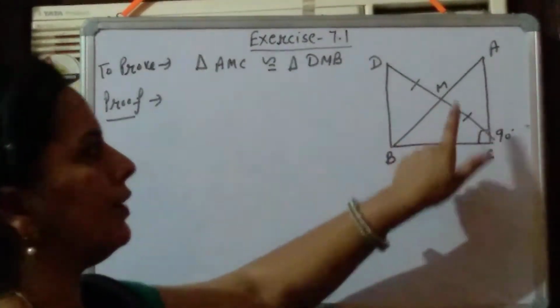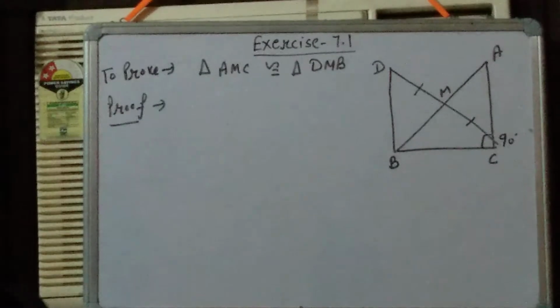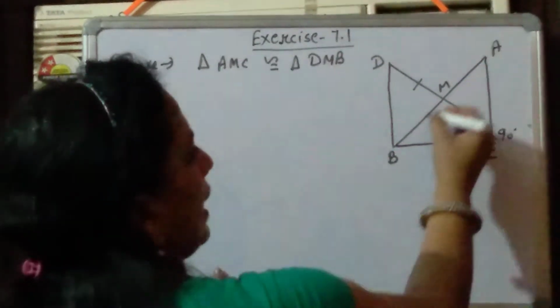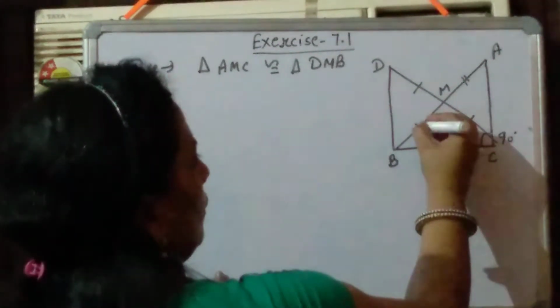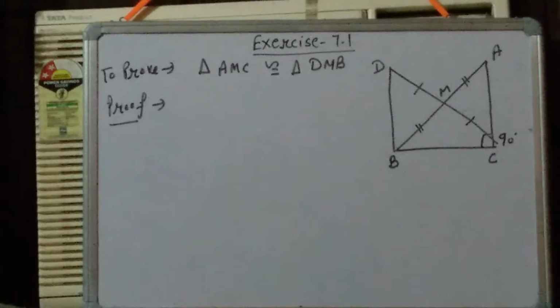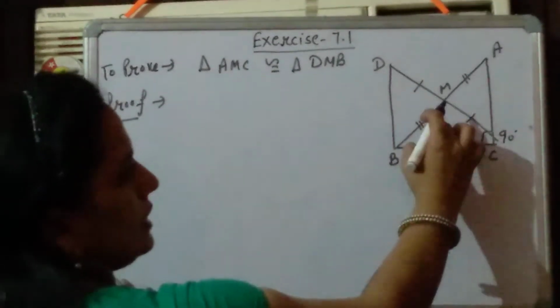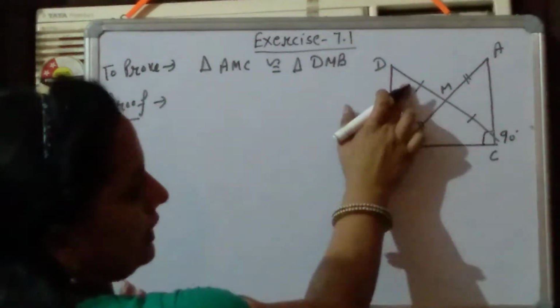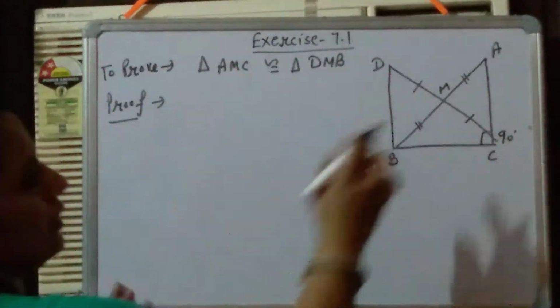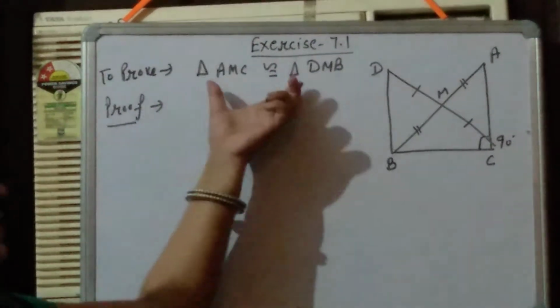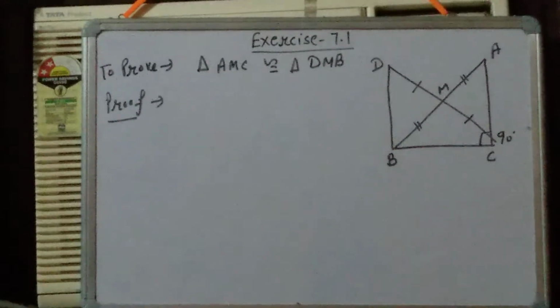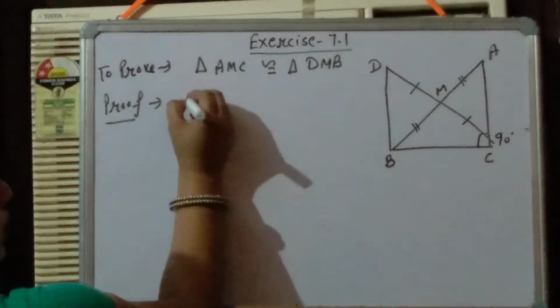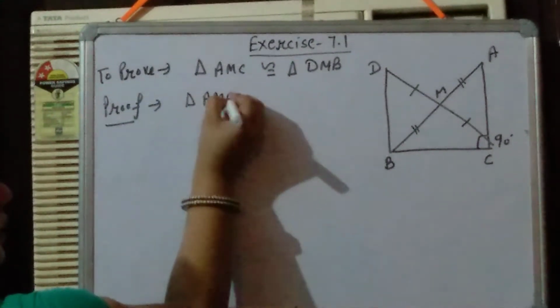M is the given midpoint of AB. That means these two parts are equal. So we will mark here like this. It means that these parts are equal and these parts are also equal. So we have to show whether these two triangles are congruent or not. First of all, write the names of the triangles.